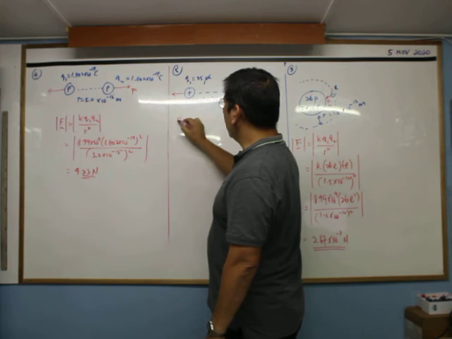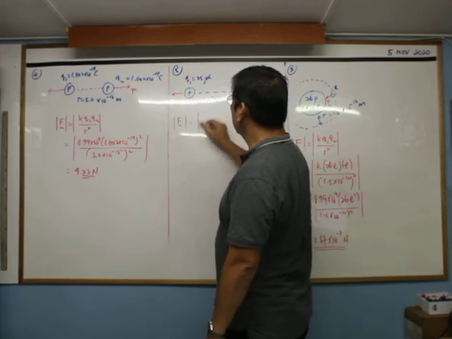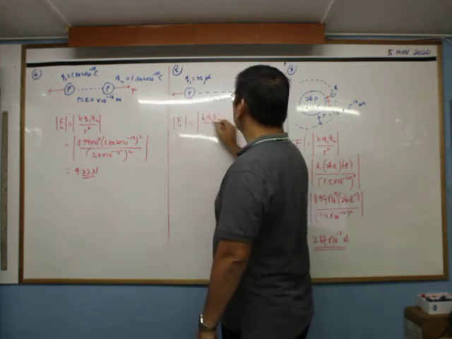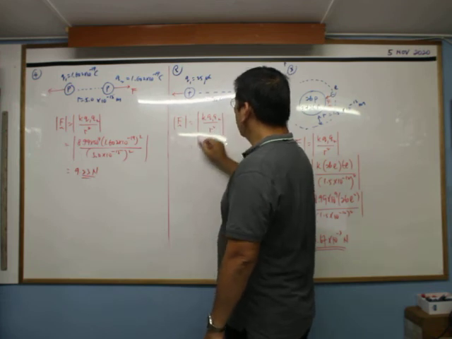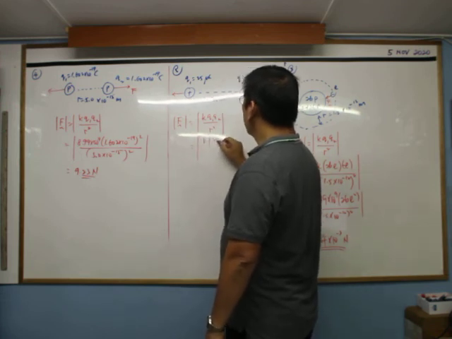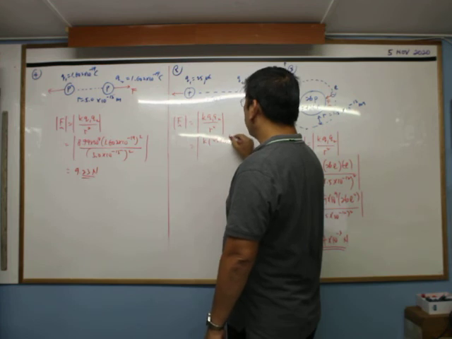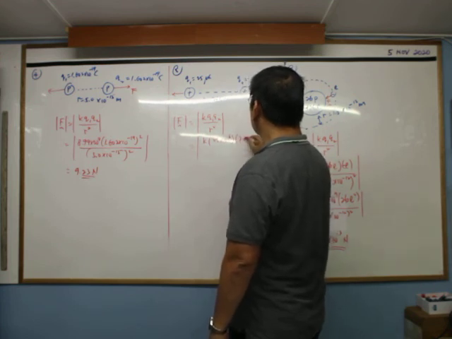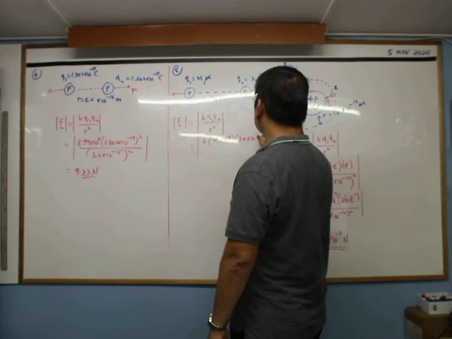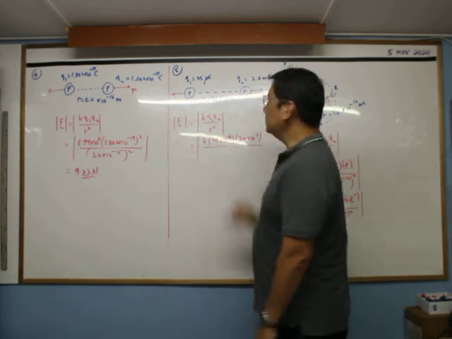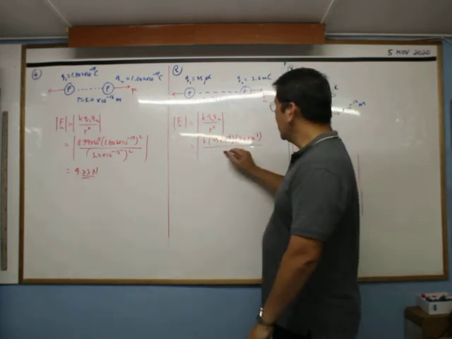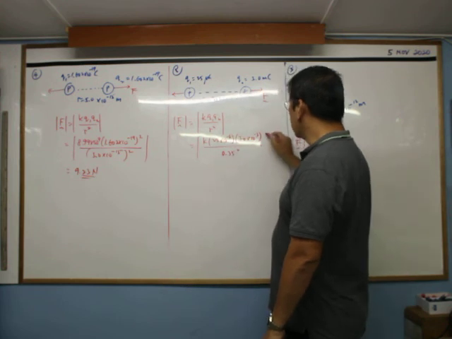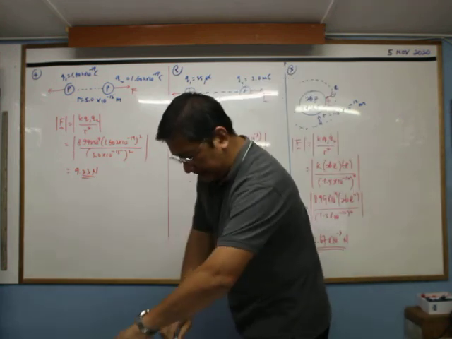So we calculate the force. Okay, K Q1 Q2 over R squared. And this one is 25 micro, 10 to the power minus 6, and milli is 10 to the power minus 3. And the distance, 35 cm, change to meter, 0.35 meter square. Alright?